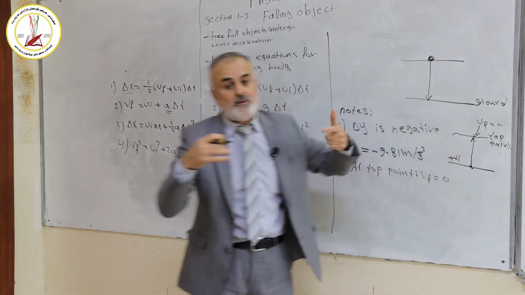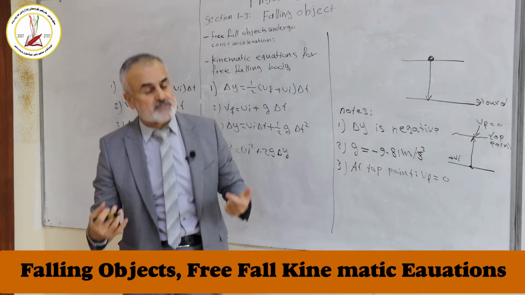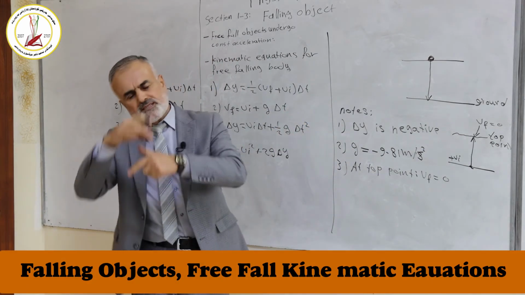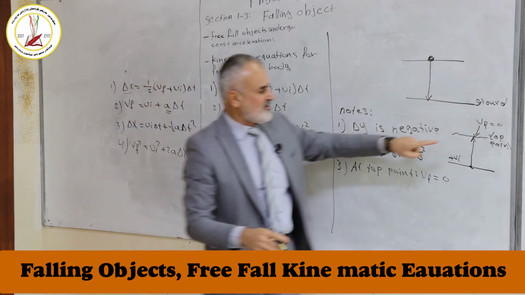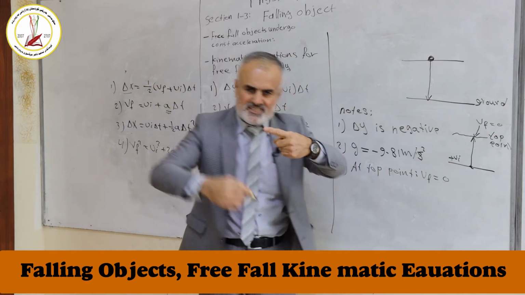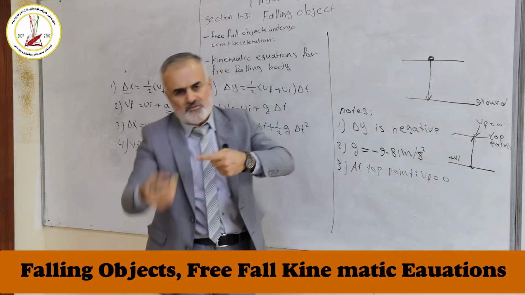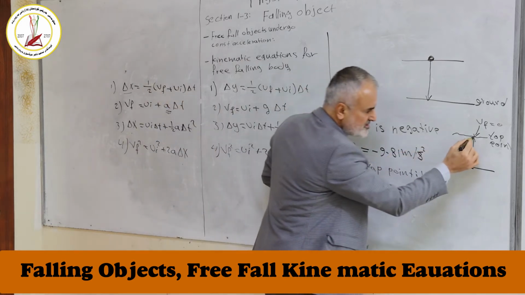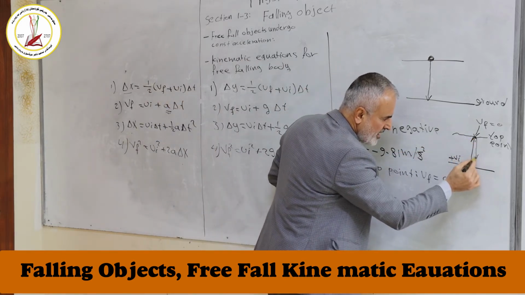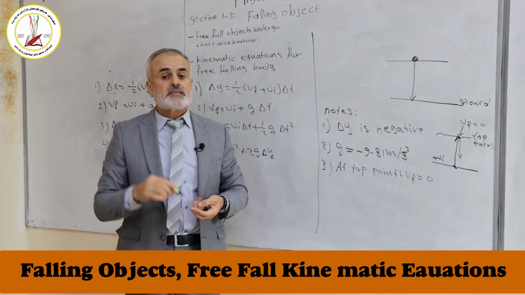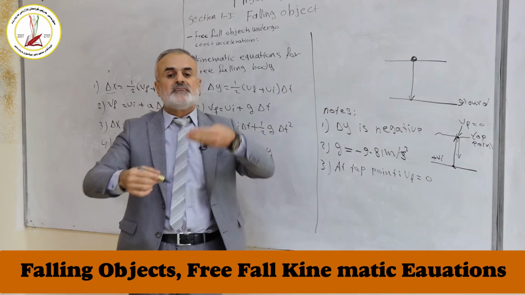After that, what happens to the object? Because we always have g, the gravity, the object changes its direction and moves down. So here, student, it changed direction and moved down, and its velocity step by step increases.